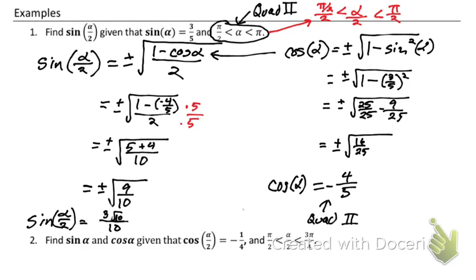Well, pi over 2 divided by 2 is actually pi over 4. So our alpha divided by 2 is pi over 4 to pi over 2, which must be quadrant 1. So that means we are going to have a positive because we are in quadrant 1. Hopefully I did most of that correct.